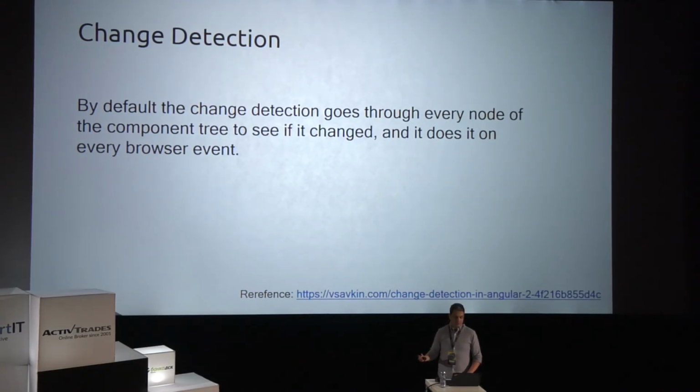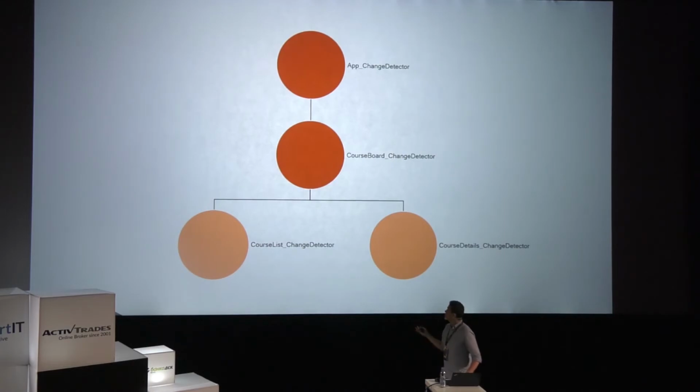These are two different things. The way change detection works by default is that when we have a browser event, for example, or some remote service call completed, it goes through each component, because each component has its own change detector. And each of these change detectors runs its bindings and checks for updates.